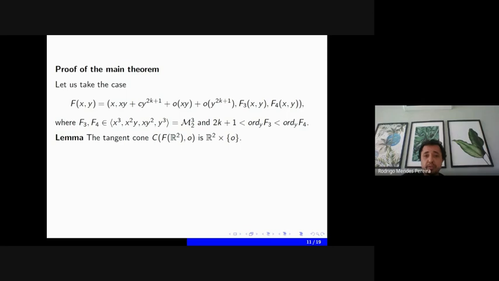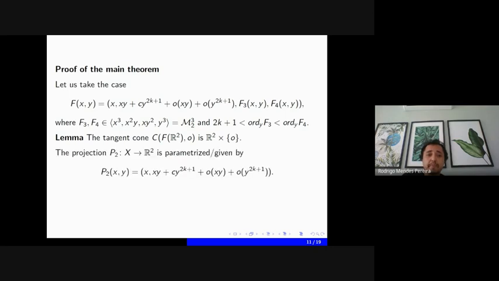One result that I mentioned before is for the case of the surface given by this unfolding of an analytic arc: the tangent cone is always the plane, is flat. This in general is some plane, but if you take a normal form, then you have exactly the plane with these coordinates. So the good point is you can parameterize basically a map of the plane to the plane, given the behavior of the projection of the tangent cone.